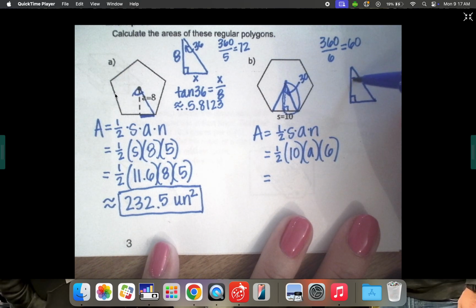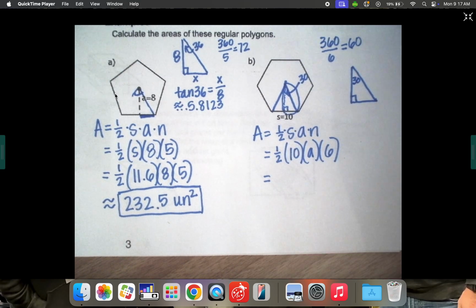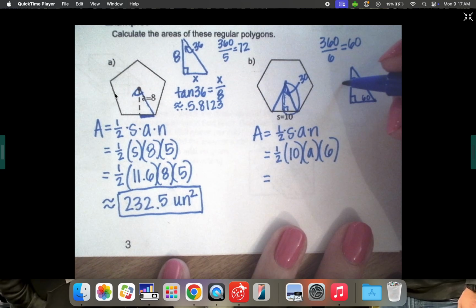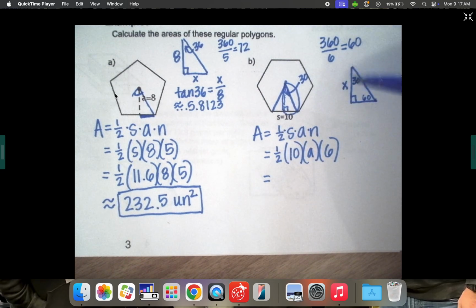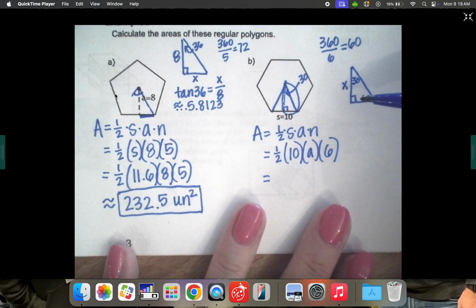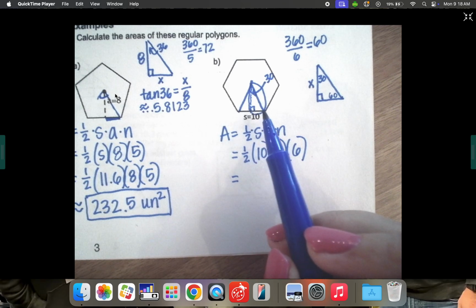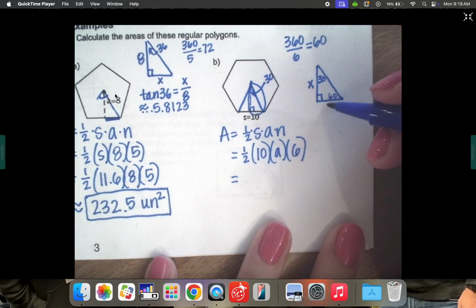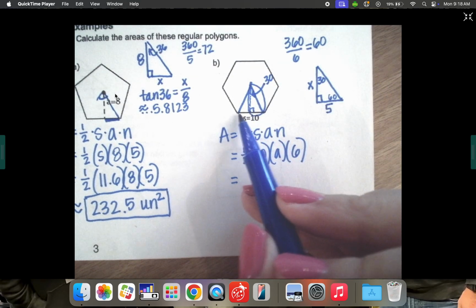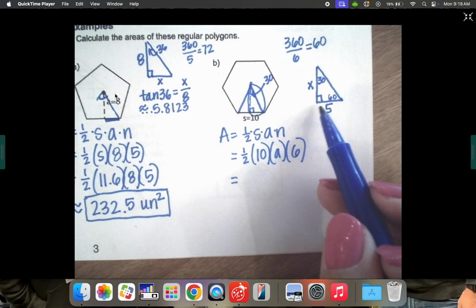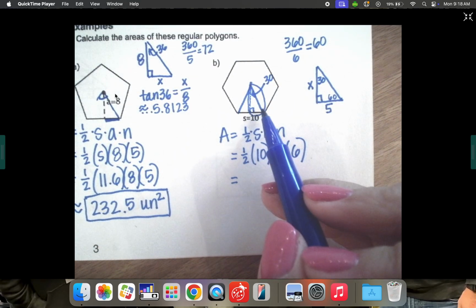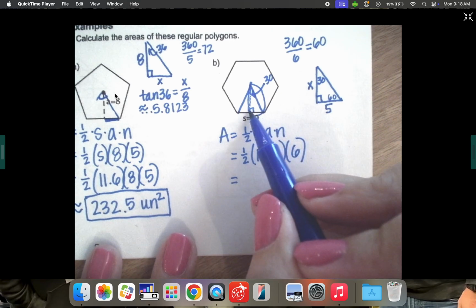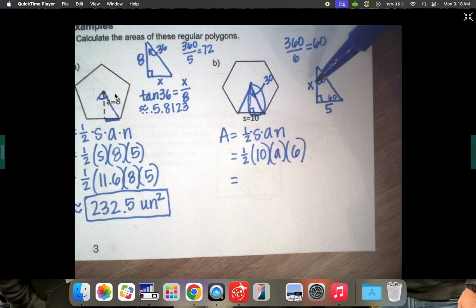You guys are very familiar with those. They have their special rules. So we're going to try to find the apothem, which is the altitude. Okay, all we know is that the whole side length is 10, so that means part of it, this part of it is going to be 5. Because since the whole length of the side is 10, we're looking at just this right side of it, just this half of it. So that would be 5. And we're looking for this.